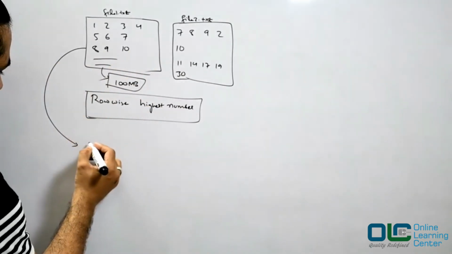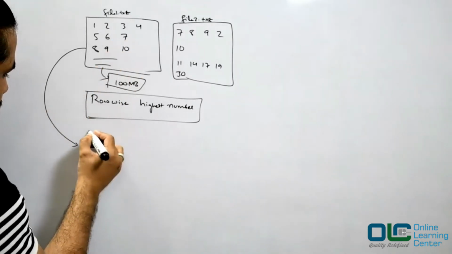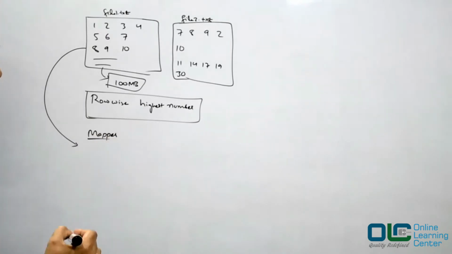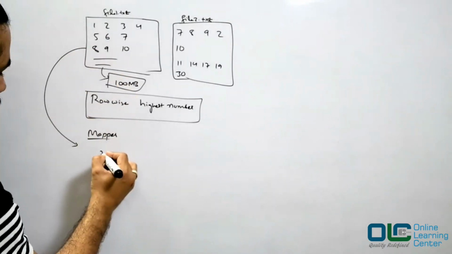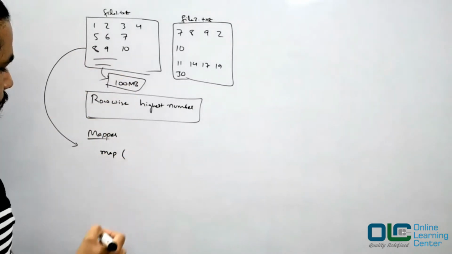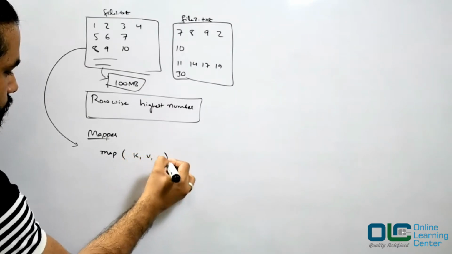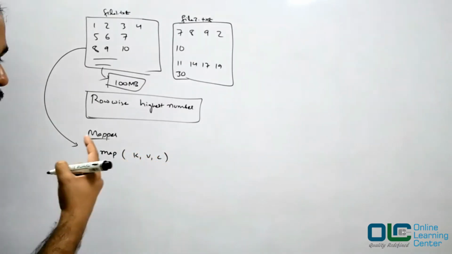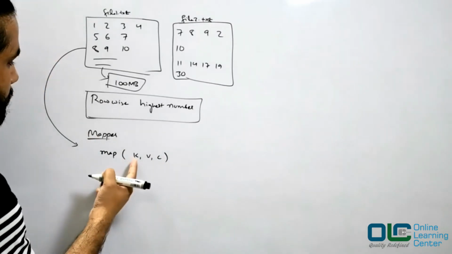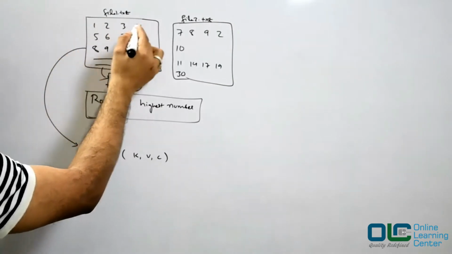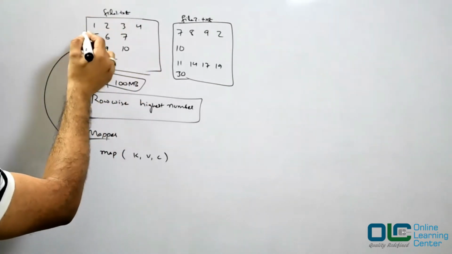Now we'll have to write our mapper. And we know in the mapper we have a method called map, where I'll get a key, a value, and a context object, right? Key, value, and context. Now what would my key be? My key would be the offset. So this file would be converted into key value pairs.